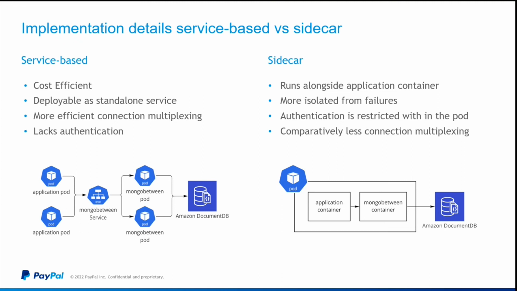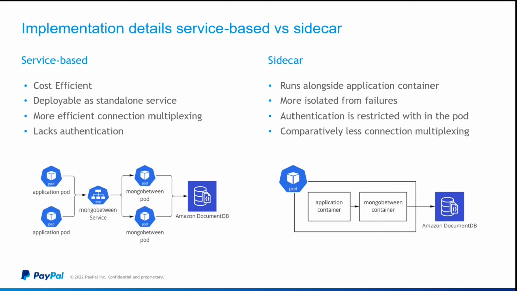So let's take a look at the second approach, which is a sidecar. It is exactly same as what Coinbase has done on their end, according to their blog. What a sidecar is, we run Mongobetween as a container inside the application pod. So if you see in the diagram below, we run a Mongobetween container and application container.